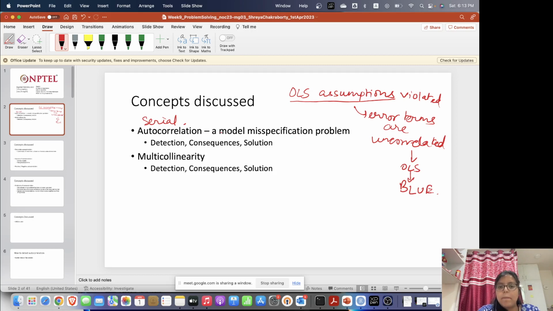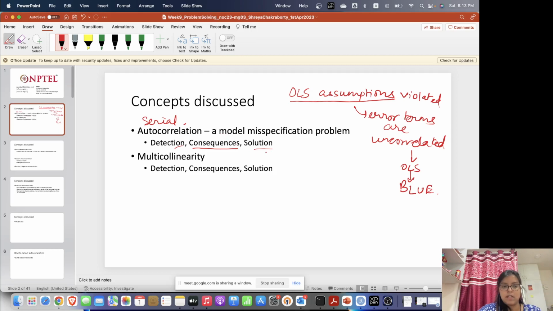Whenever that happens, it is important to detect it, to know the consequences of using OLS estimation on serially correlated errors, and how we can solve that issue.